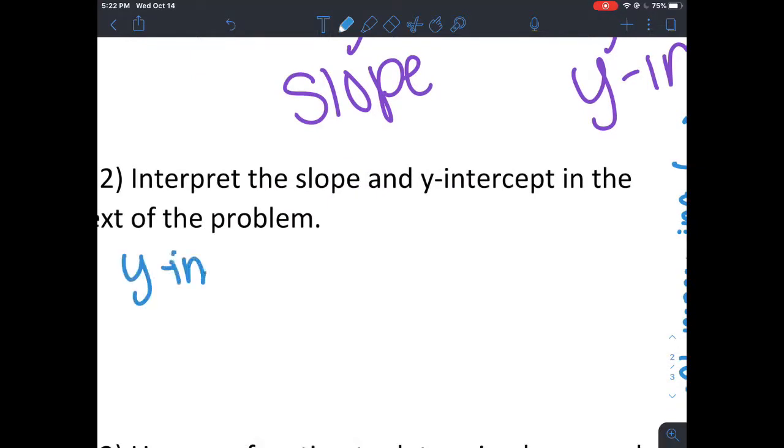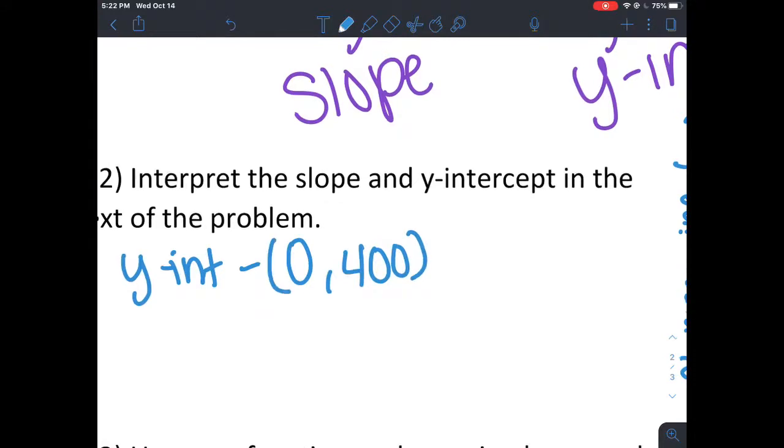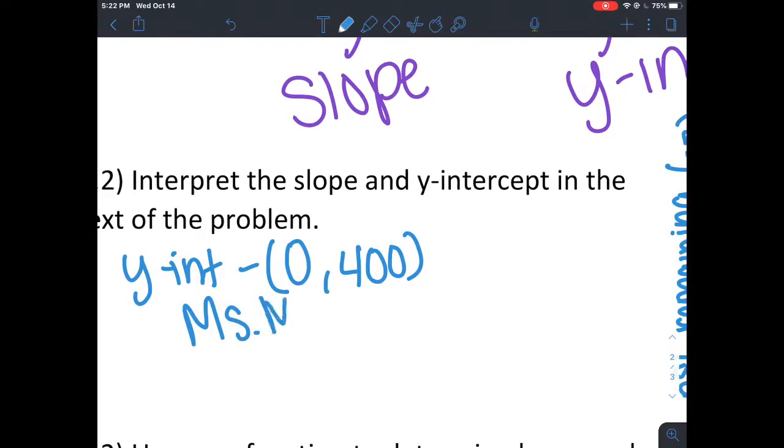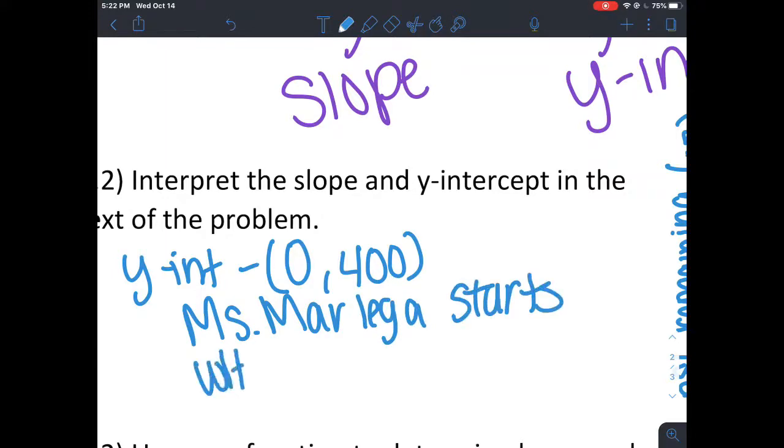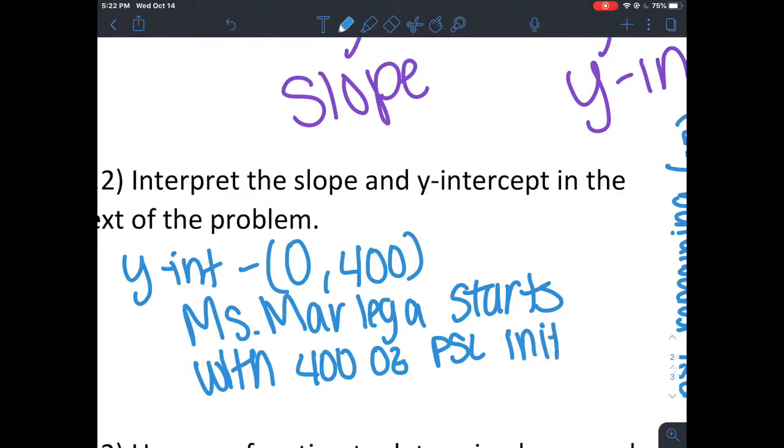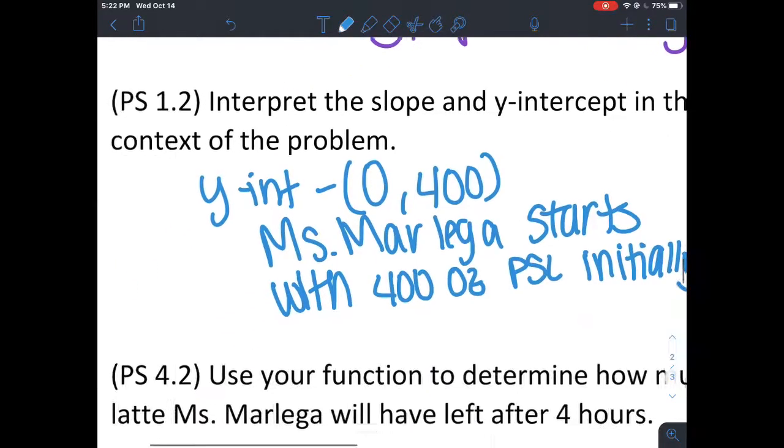So the y-intercept is 0, 400, because Miss Marlega starts with 400 ounces of pumpkin spice latte initially.